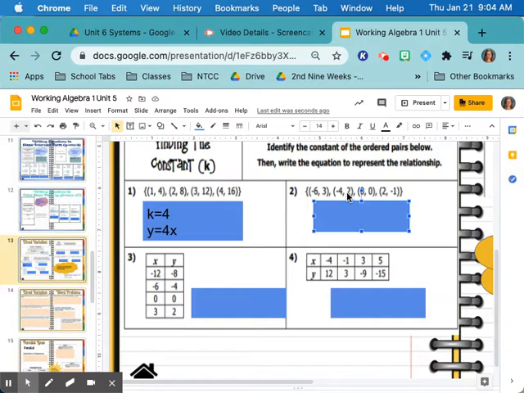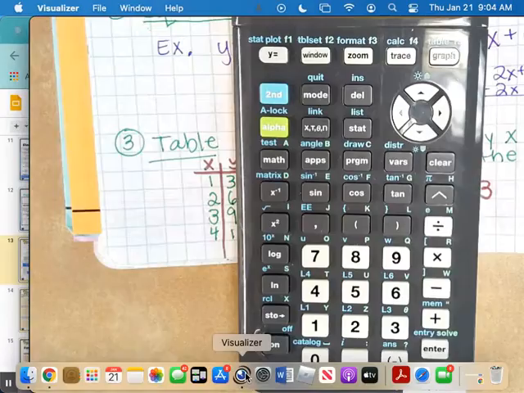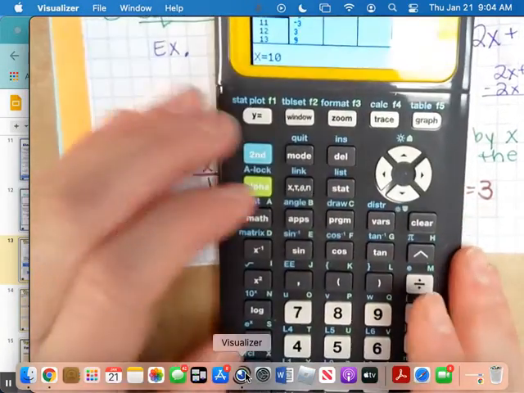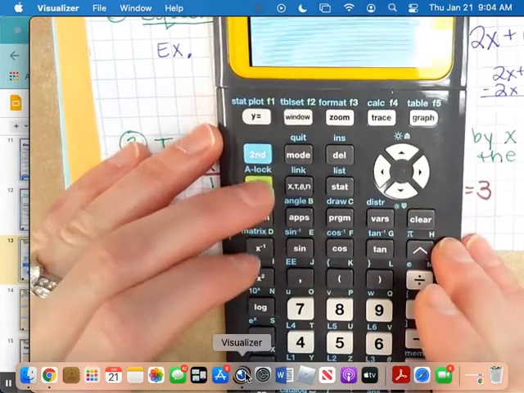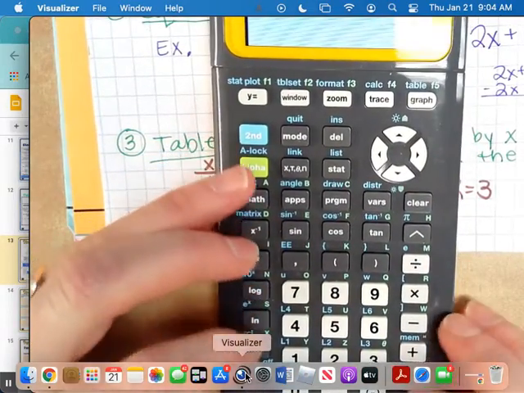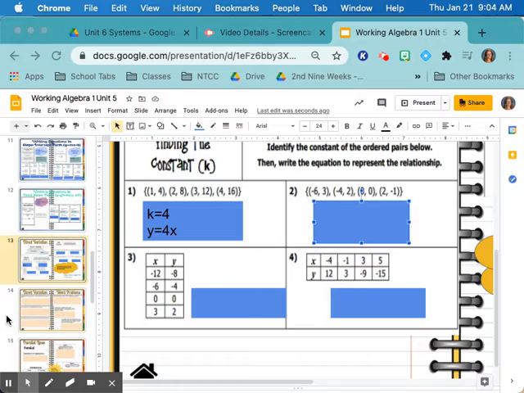-6, 3, -4, 2, 0, 0, 2, -1. This one's a little bit more challenging. What is it? -1/2. So if I multiply -1/2 times, what was the first one? -6.